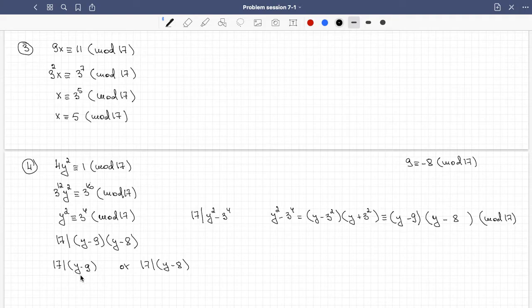This is one solution. What is written is y is congruent to 9 mod 17. And another solution is y is congruent to 8 modulo 17.